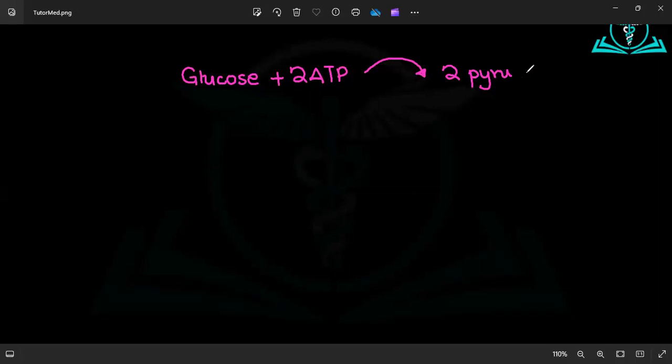So in the end, you have 2 molecules of pyruvate plus 4 molecules of ATP. It means that the process itself uses 2 molecules of ATP, and then it produces 4 molecules of ATP.